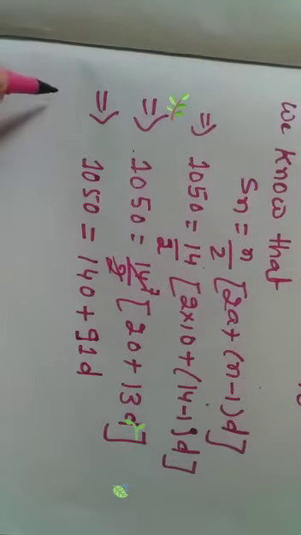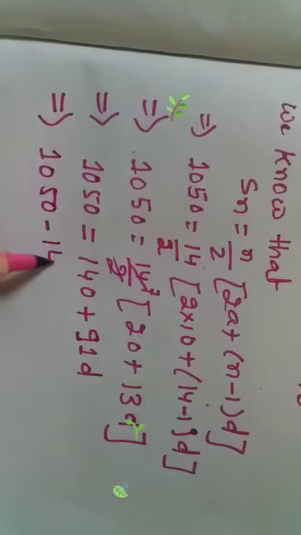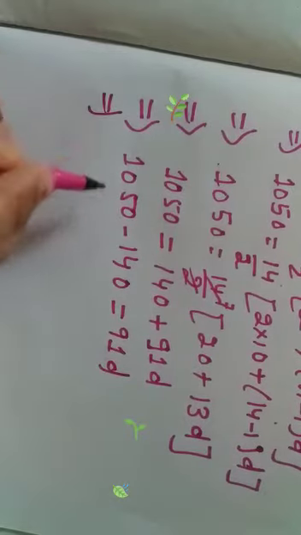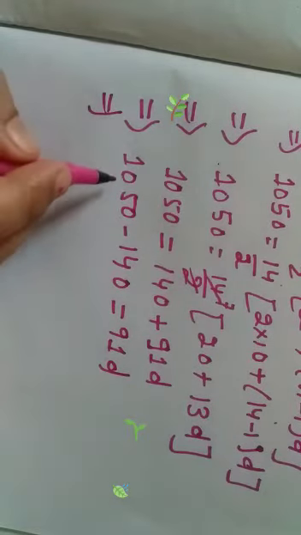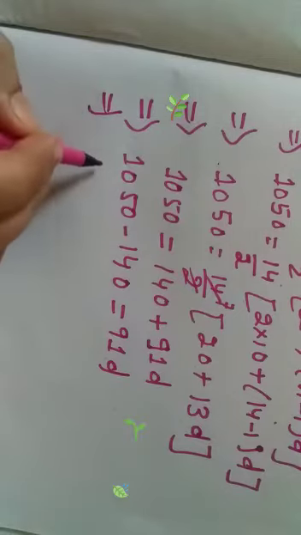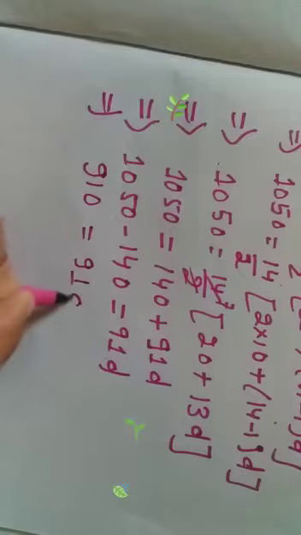Now 1050 minus 140 is equals to 91d, so 910 is equals to 91d.